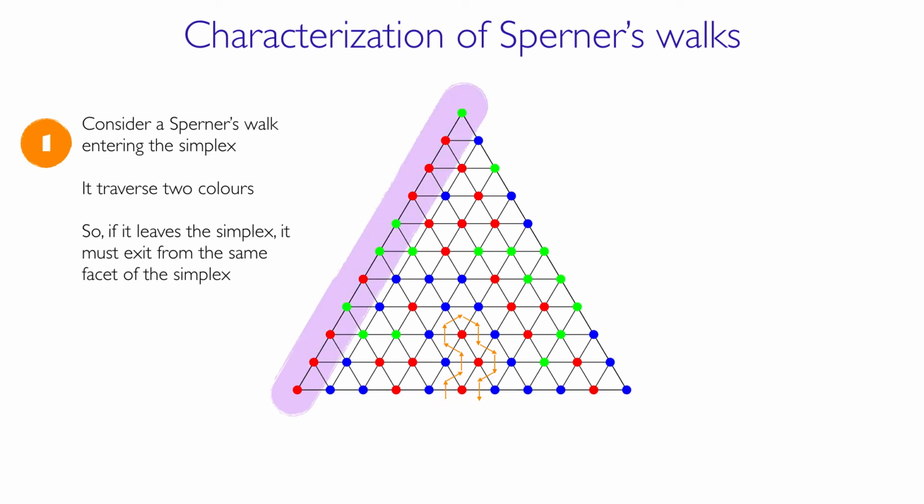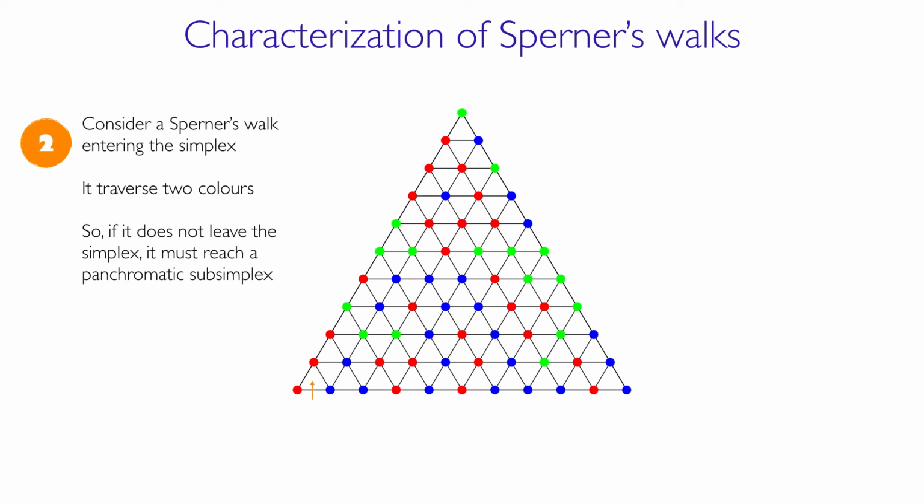In the facet in violet, we have not the blue color, so no red-blue walk can leave the simplex traversing this facet. In the facet in violet, we have not the red color, so no red-blue walk can leave the simplex traversing this facet. Now a simple observation. Obviously, the same walk can be traversed along the inverse direction.